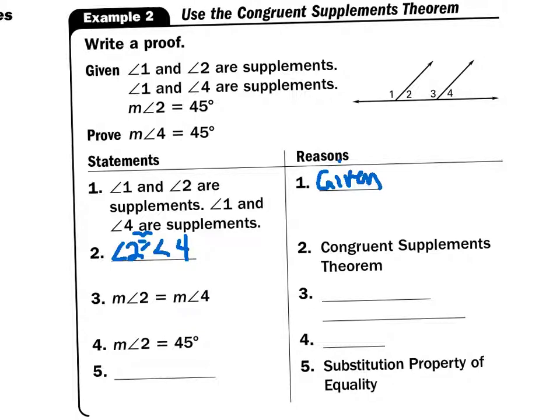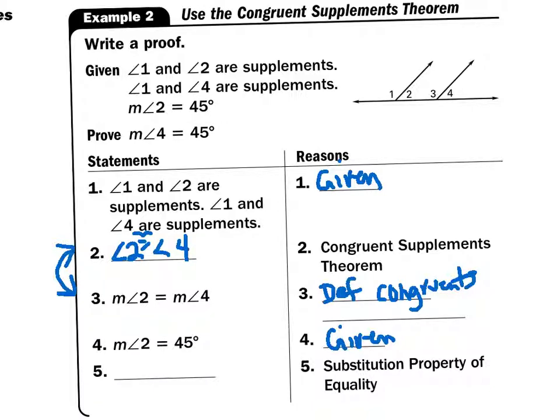Then we can also say that the measures are equal, because that is the definition of congruence. It seems like almost these statements are the same, but we need to go down to the measures, because we're actually going to put numbers in now. And so we can say the measure of angle 2 is 45, and we get that also from our givens.